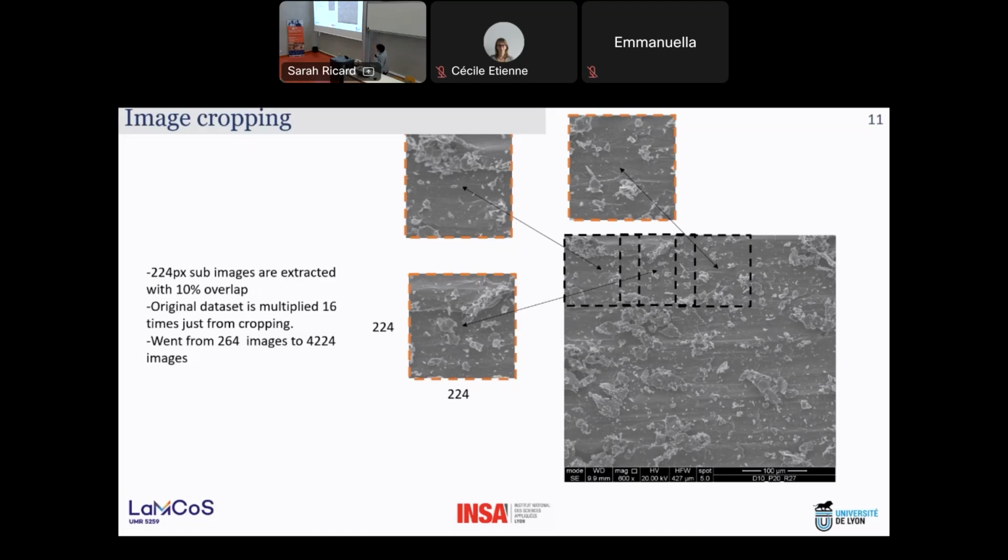The sub-images have a dimension of 224 by 224. Now, why we chose this specific dimension, we will see shortly afterwards. This operation helped us augment the current data set by a factor of 16. So we started with 264, I think, images, up to 4,224 images. So this is not bad.